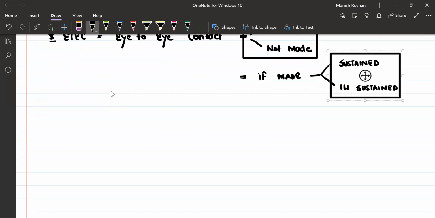Next in line comes a very important heading, that is rapport. Let's write the definition of rapport. This is very important. You have to jot it down like this. You have to remember it like this only.